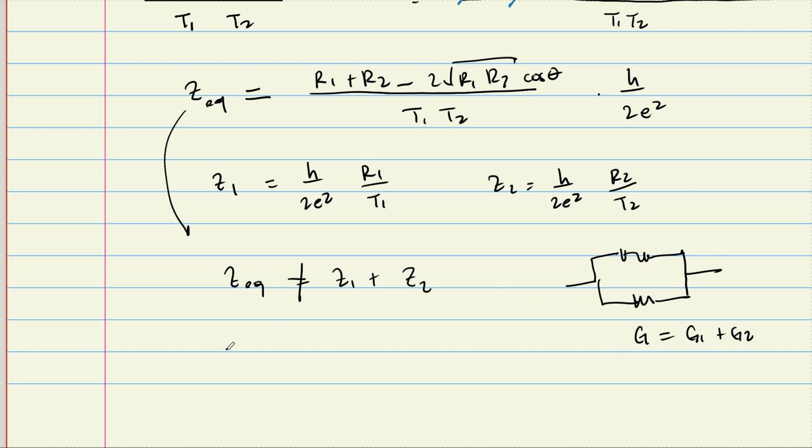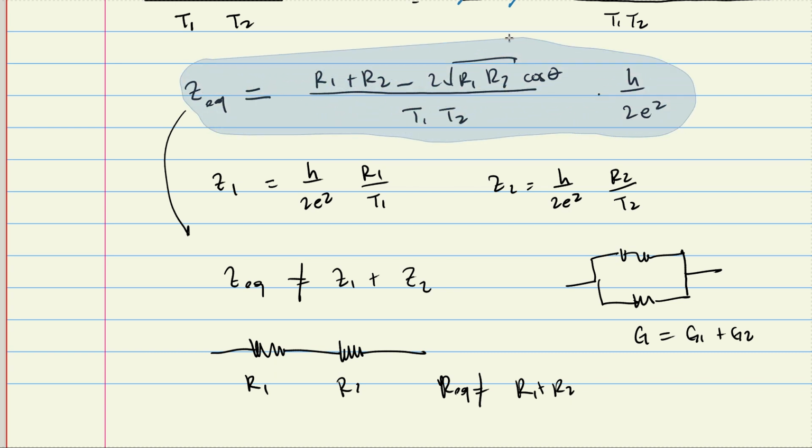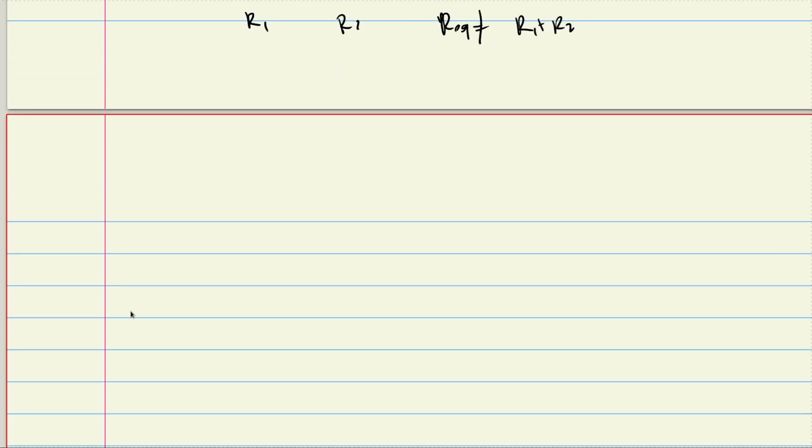And similarly, for resistors connected in series, Req is not equal to R1 plus R2. This is due to quantum interference. So let me use this formula and finish with one last discussion for what is coming.